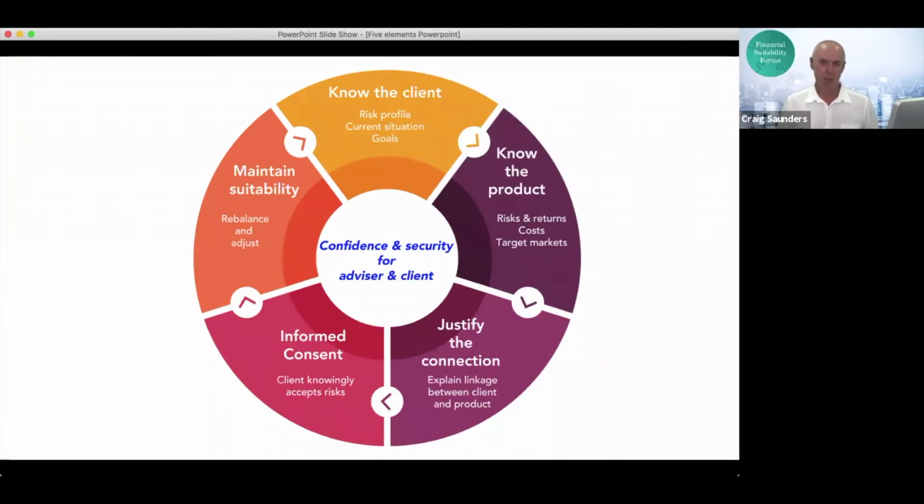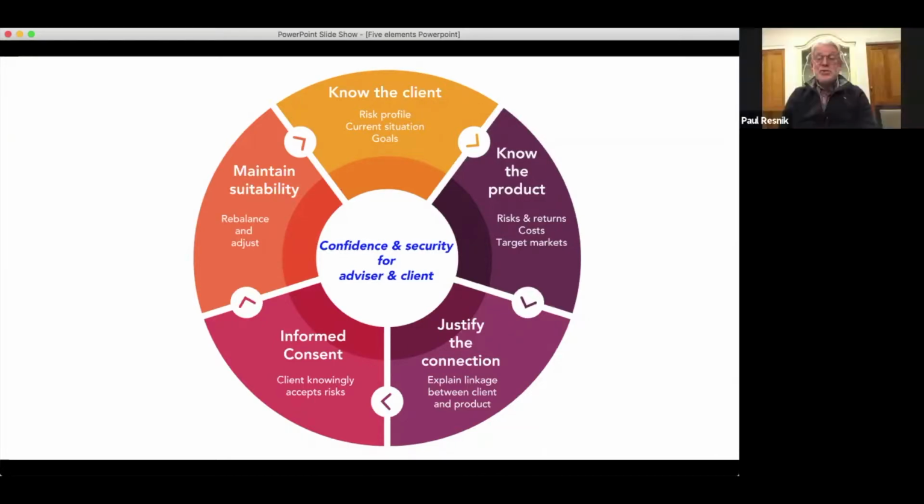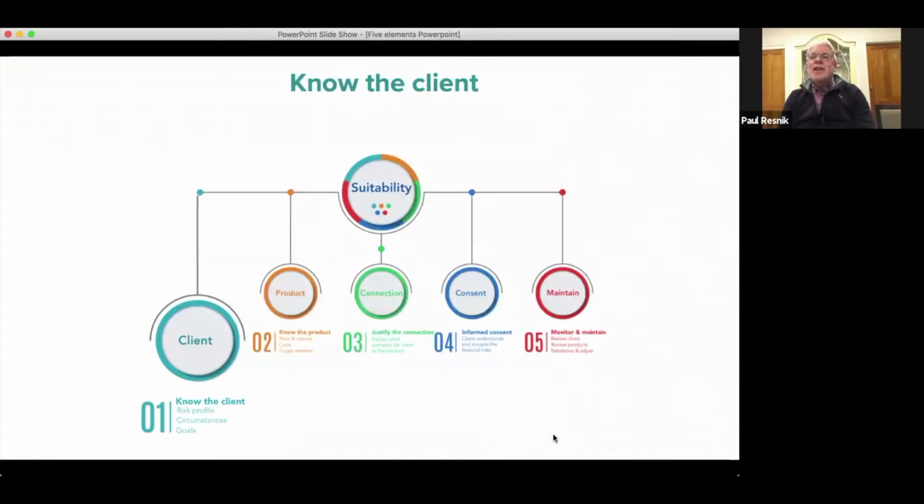And Paul, based on that 20 years of experience that you've had, people model risk profiles in all sorts of different ways. Well, they sure do, and they still do. I was just looking at some of the latest US data. More than 50% of US firms still use their own approaches to risk profiling.